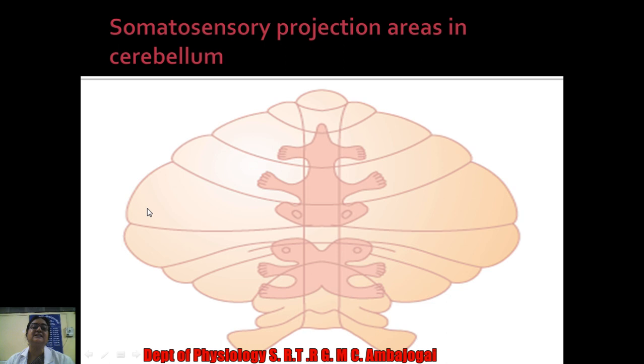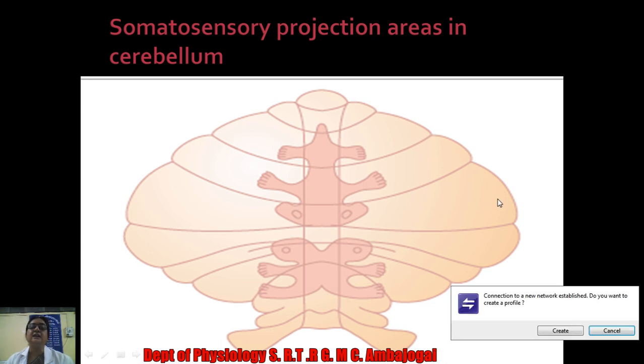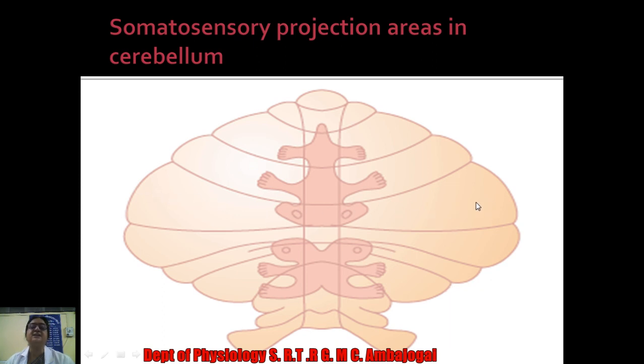And if you see this lateral part, no representation is seen. That means this part is mainly responsible for the planning and sequencing of the movement along with the cerebral cortex. Now we switch to the next important topic, that is the afferent connections of the cerebellum.